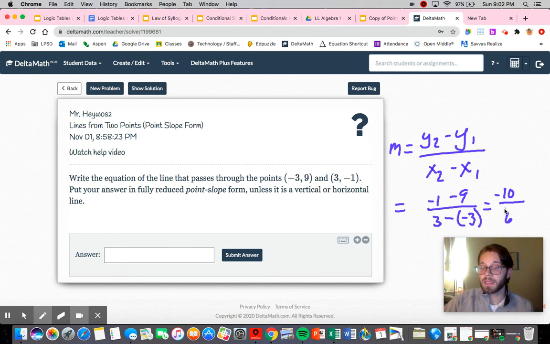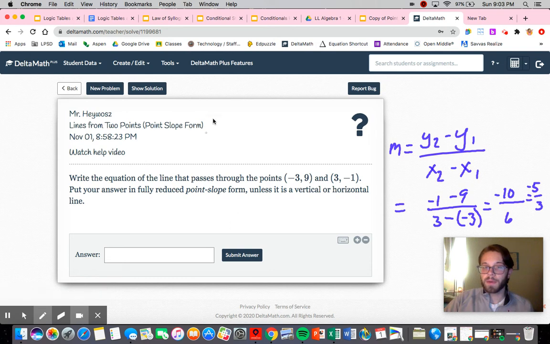I can simplify this, and I should leave this as a fraction. In general, it is easier to work with slope in fractional form, just because you're dealing with a rise and a run. So I am going to leave this as a fraction, but I do need to simplify this. Both of these are divisible by 2, so that's the same thing as negative 5/3. And don't forget about your negative. It's very easy to lose your negative when you simplify.